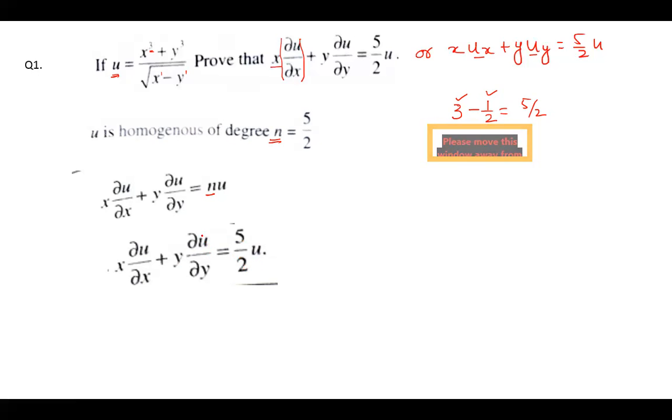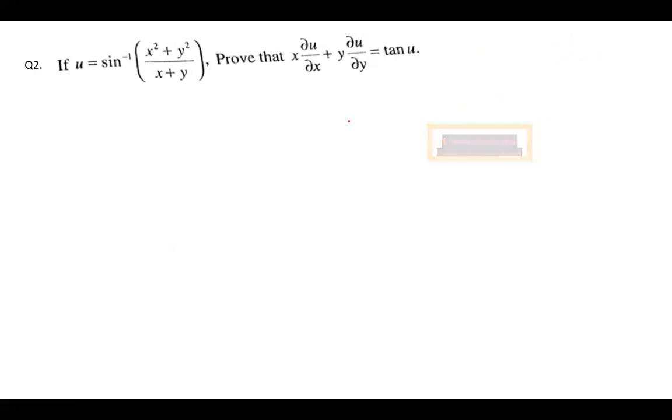Now let's see another problem where u won't be homogeneous. Here you can see u is equal to sine inverse of (x² + y²) divided by (x + y), and they're asking us to prove that x times ∂u/∂x plus y times ∂u/∂y is equal to tan u.